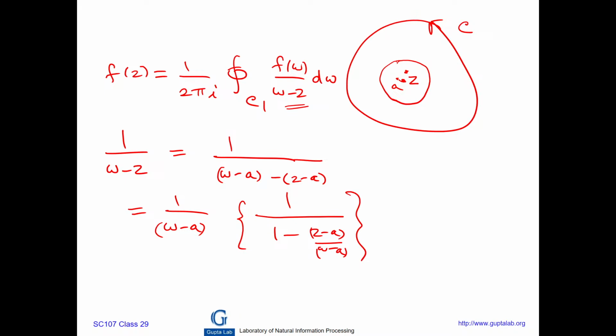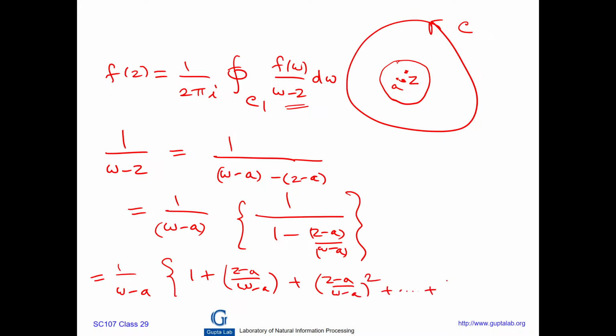So we can say that the whole thing is 1 over (w minus a) times [1 plus (z minus a) divided by (w minus a) plus ((z minus a) divided by (w minus a)) whole square plus ... plus ((z minus a) divided by (w minus a)) whole raised to power n minus 1 plus ((z minus a) divided by (w minus a)) whole raised to power n times 1 over 1 minus (z minus a) divided by (w minus a)], right? This is just a mere division, right?